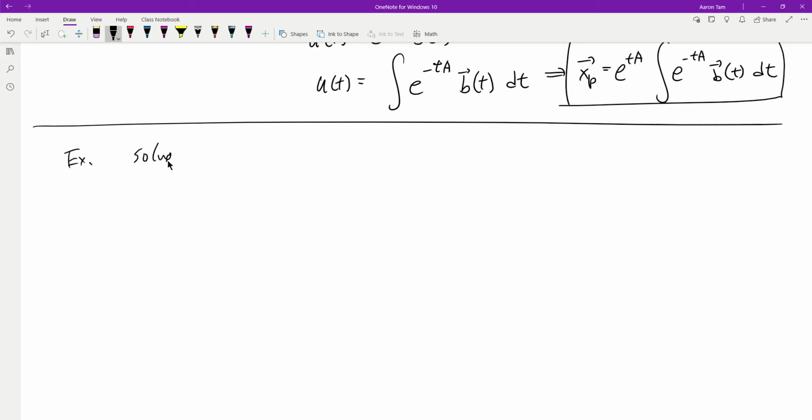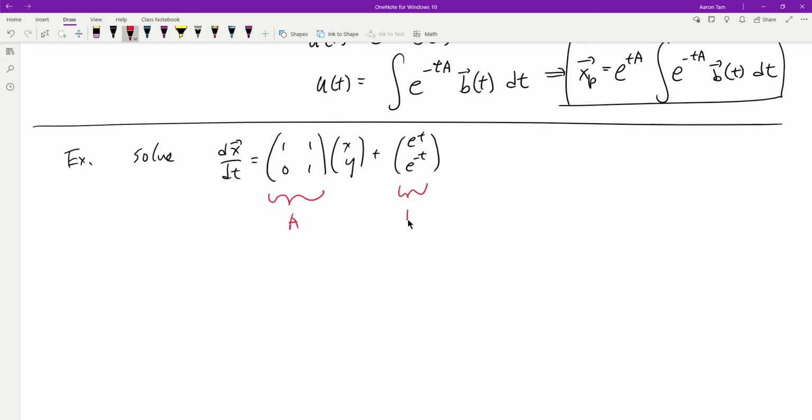Let's try to solve this differential equation: d vector x over dt is equal to the matrix [[1,1],[0,1]] multiplied by the vector (x, y), plus the vector (e to the t, e to the negative t). The first thing I like to do is identify the different parts. So this is my A, and this is my vector b.